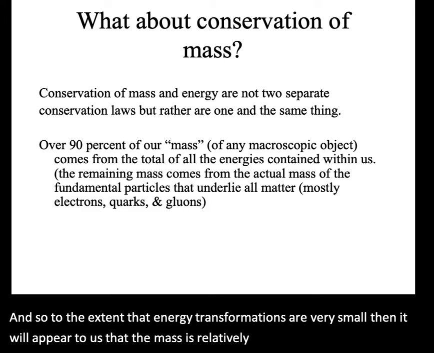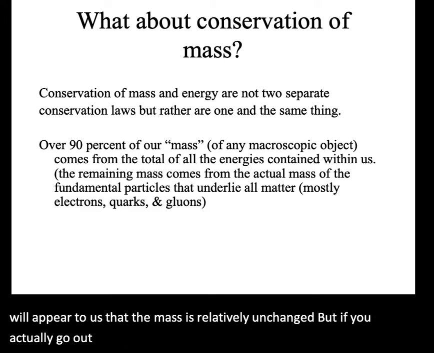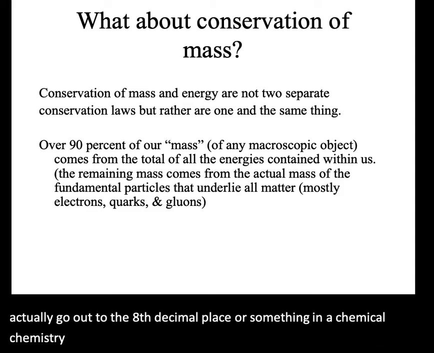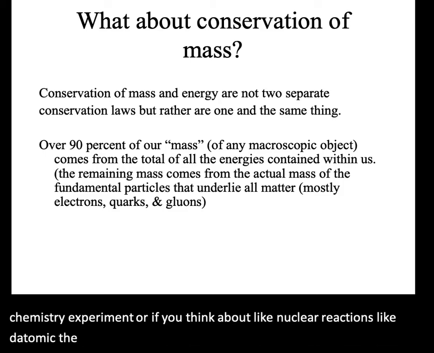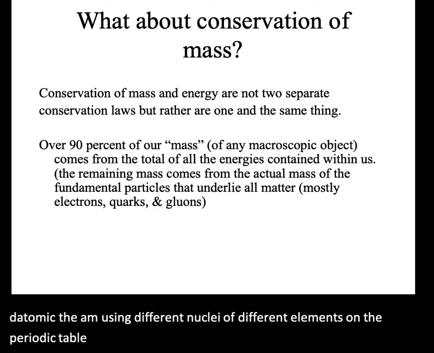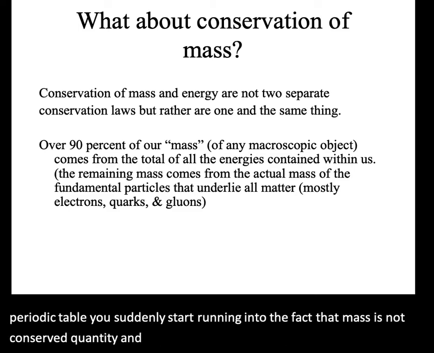But if you actually go out to the 8th decimal place or something in a chemistry experiment, or if you think about nuclear reactions, like the AMUs in different nuclei of different elements on the periodic table, you suddenly start running into the fact that mass is not a conserved quantity, and that mass is actually changing when you go from one nucleus to another, right?